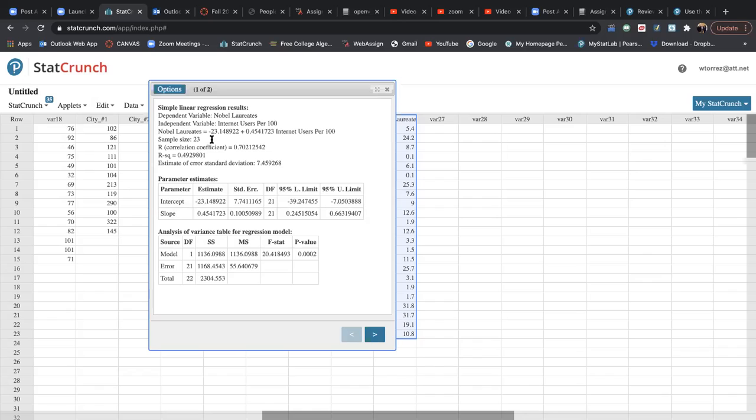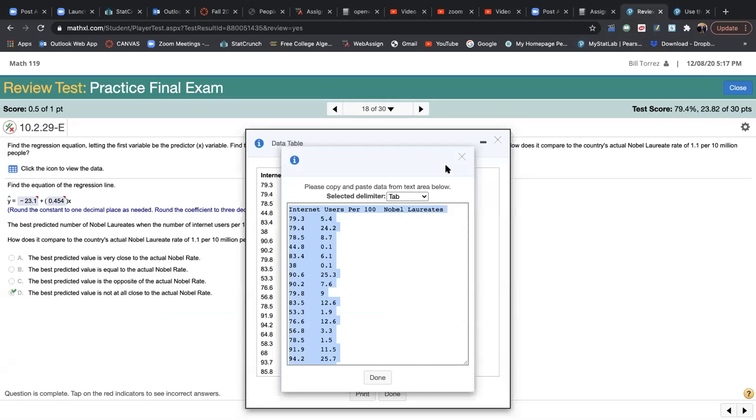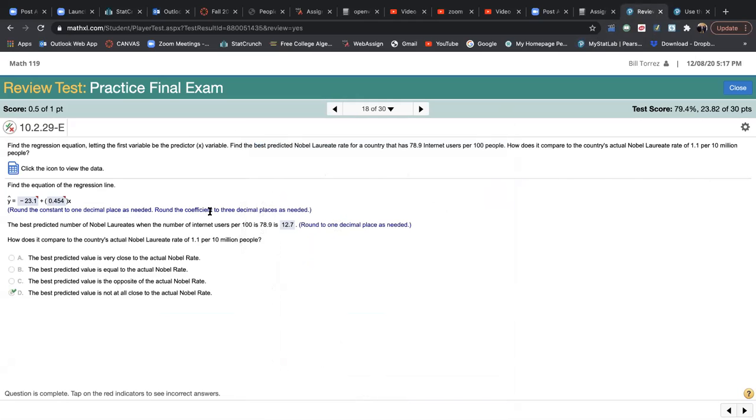All right, in the meantime, the equation of the regression line is given here, okay? So we're going to take that equation and run with it. We'll go in here. All right, and there it is.